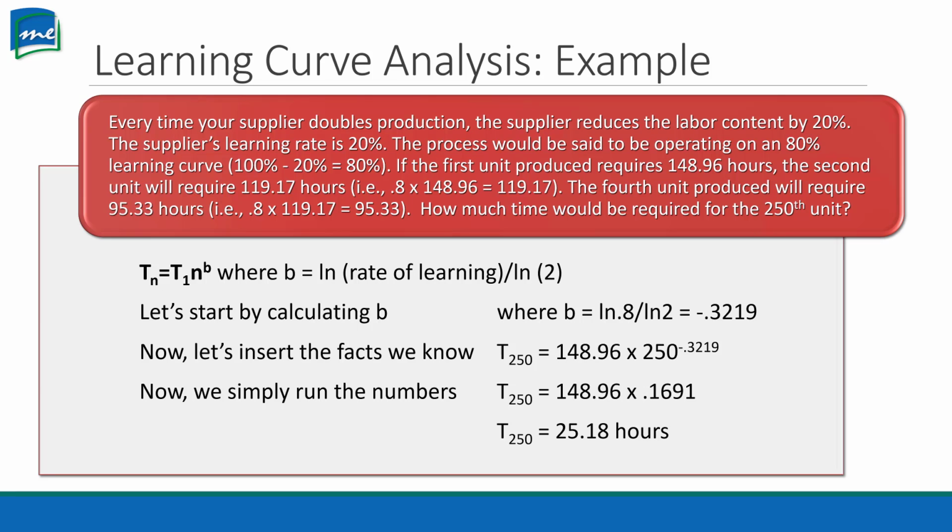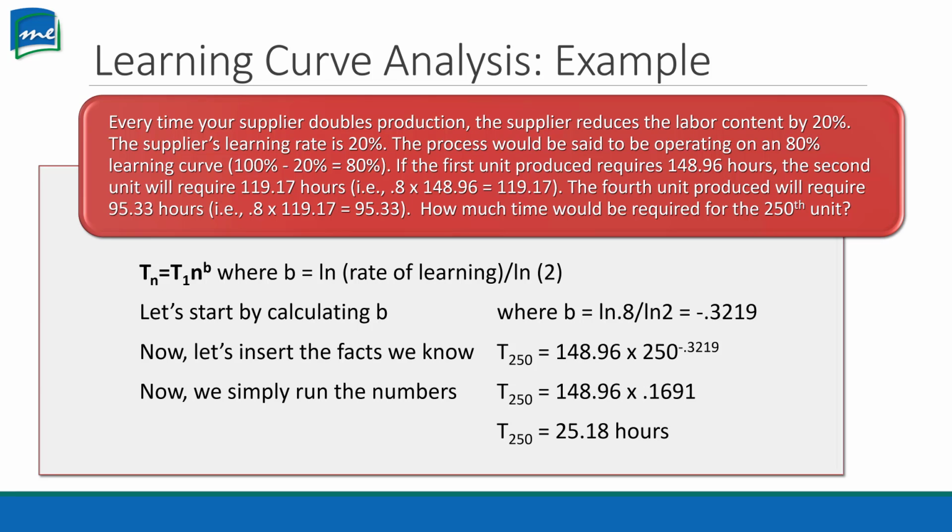So how much time would it take to produce that 250th unit? Or how much time would be required for the 250th unit? So if we have our formula here, first we need to figure out b.